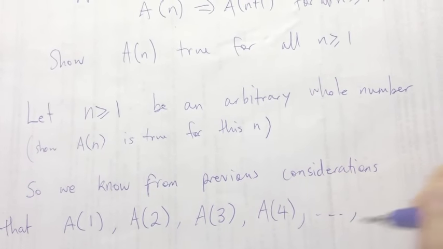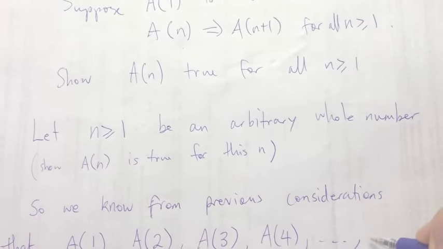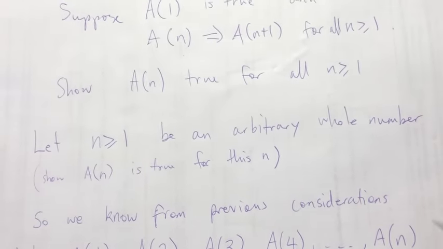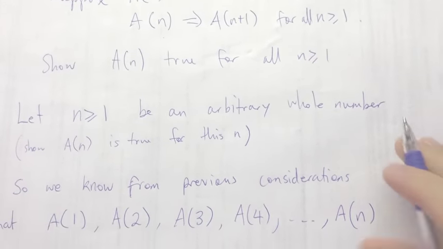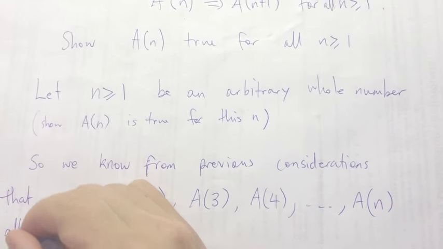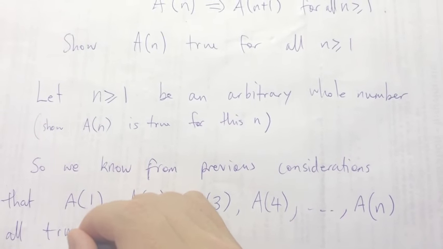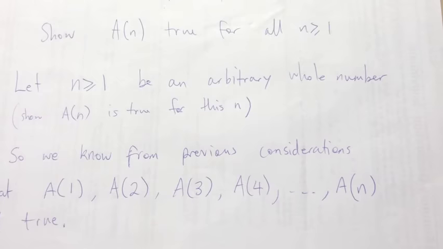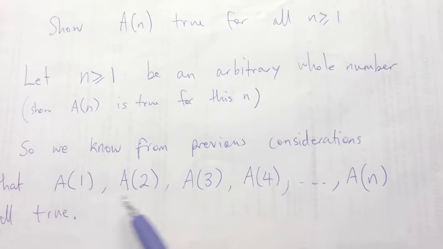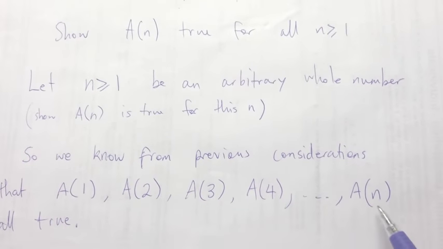So it carried on to this n, whatever it was. So we actually have a lot of things that are true, and we only needed that An was true.